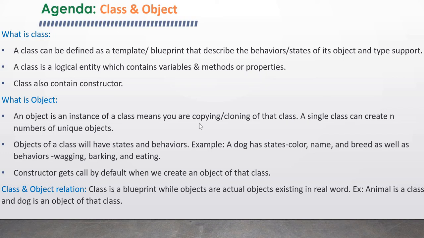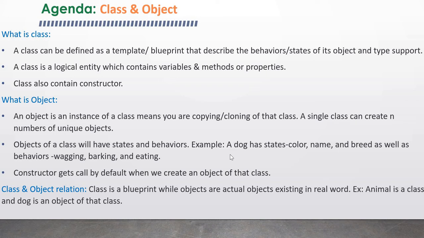An object is a real thing, and a class is a logical thing. An object of a class will have states and behavior. As an example, a dog has states like color, name, breed, as well as some behaviors like wagging, making sounds, barking and eating. Those are all different behaviors of a dog.